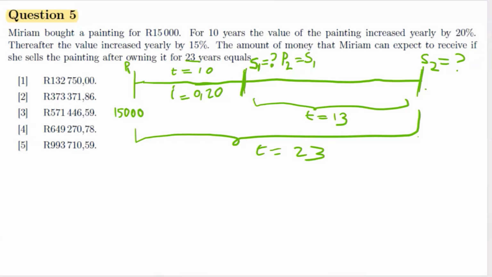Explain that, please. Compound interest is when your interest, we're talking about interest only here, is compounding so many times.